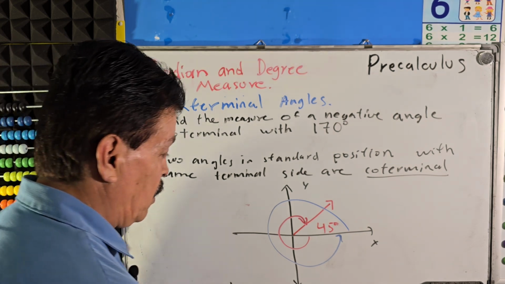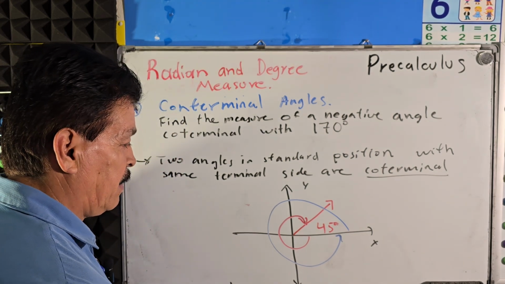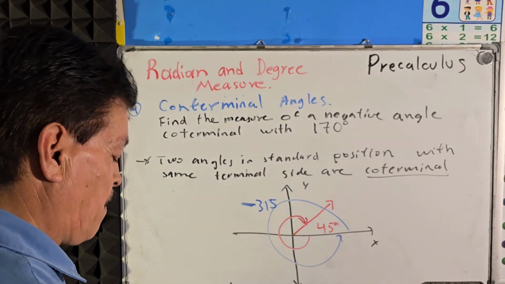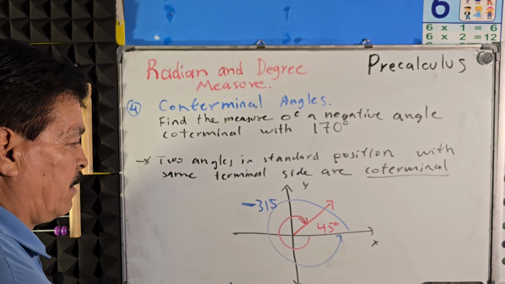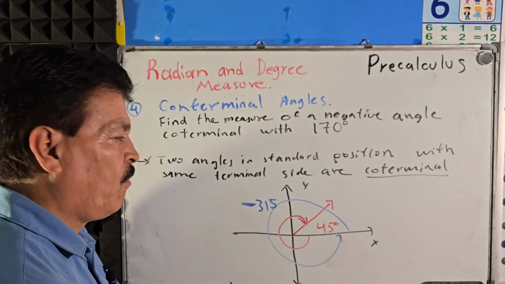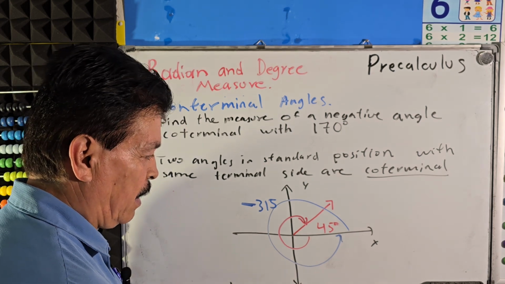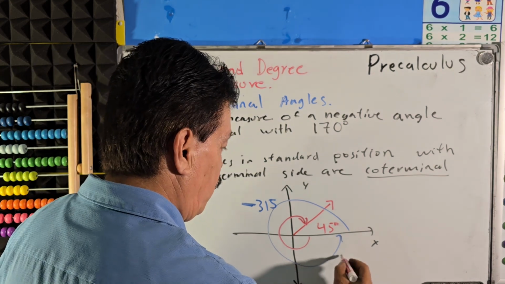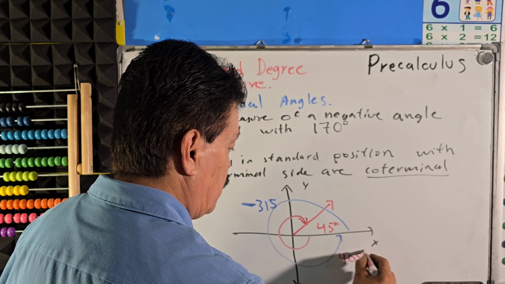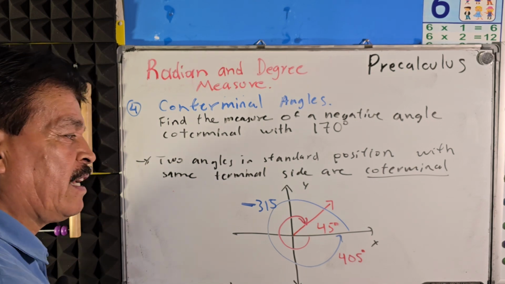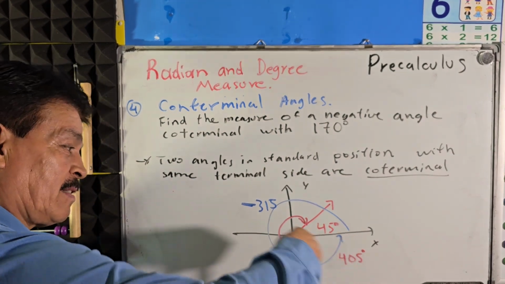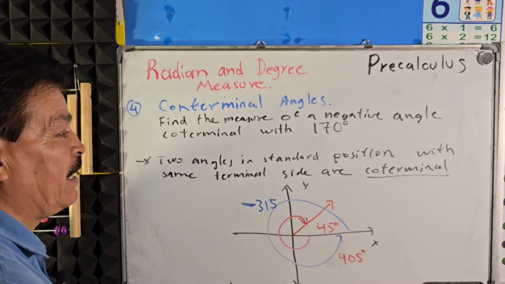Here we have negative 315. What was the answer, 405? You subtracted in one answer, but you added the total completely around.